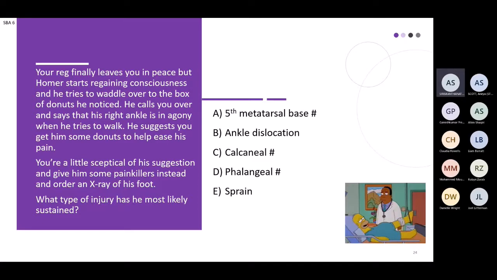So I'll open up the polls. If anyone's wondering, that hash thing is basically code for fracture.